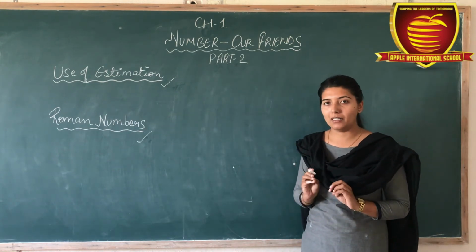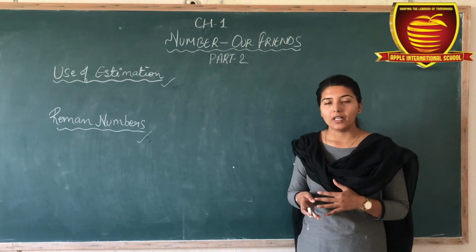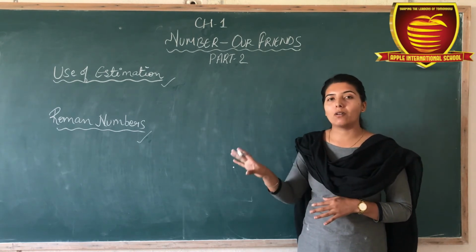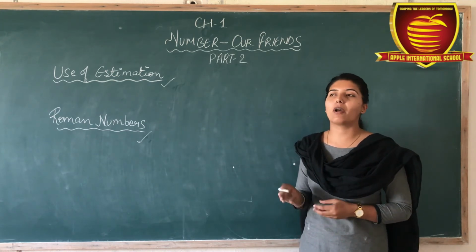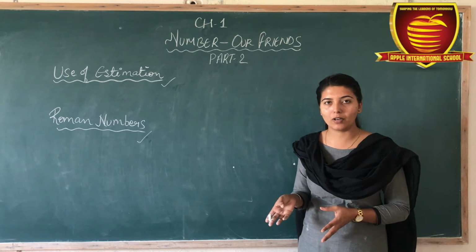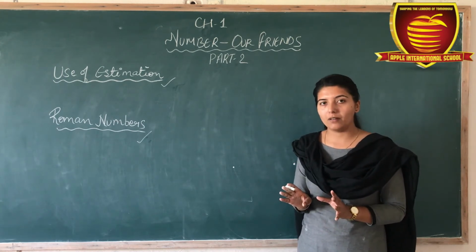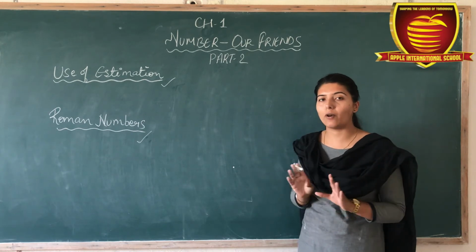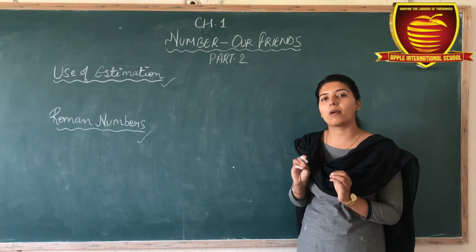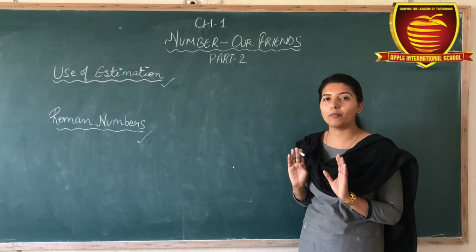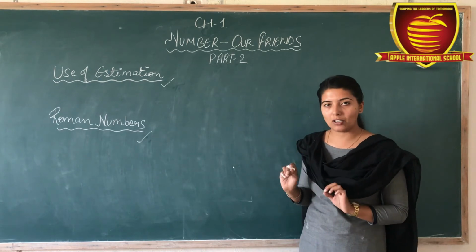For example, if I told you that at some particular place there is a gathering of thousands of people or approximately 900 people, these are not the particular values. 1000 and 900 are estimations or approximate values of the gathering of people at that place.